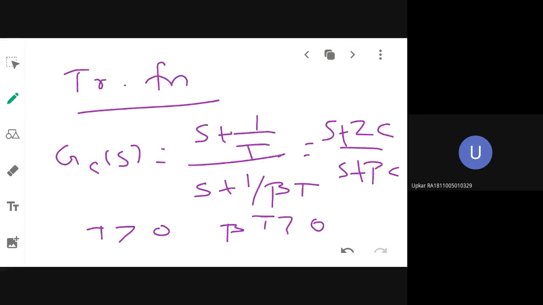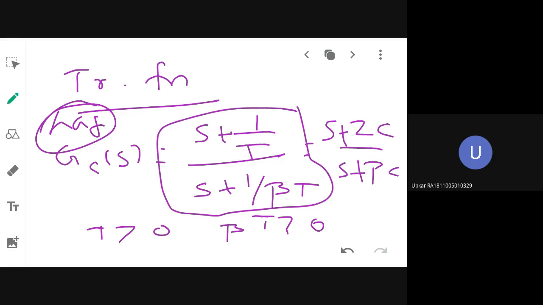The next thing is the general transfer function representation for this lag compensator. If you want to write the transfer function of a lag compensator in a general way, the general formula is this one. Again, as I told you in lab, this question is very important. Alpha and beta parameters are used interchangeably in different books.